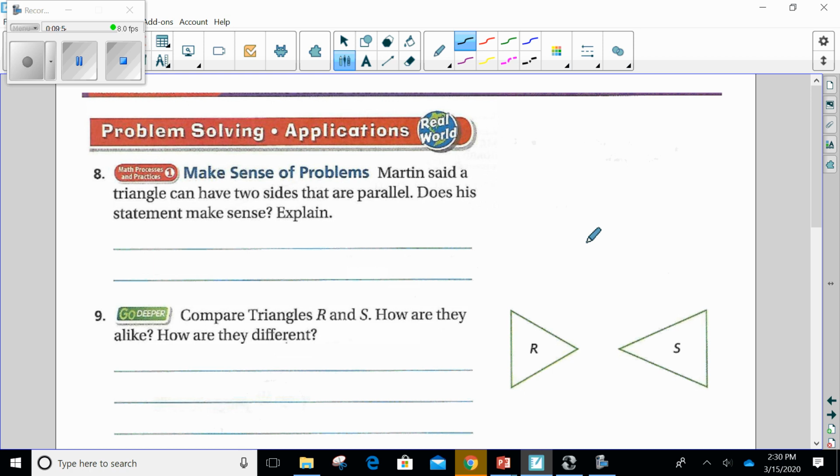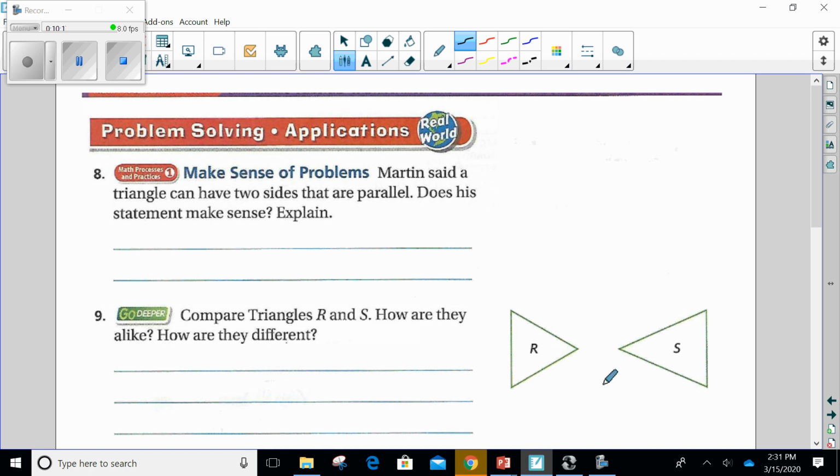Martin said a triangle can have 2 sides that are parallel. Does his statement make sense? Let's think about this. Look at these two triangles. Is there any way that a triangle can have parallel lines?